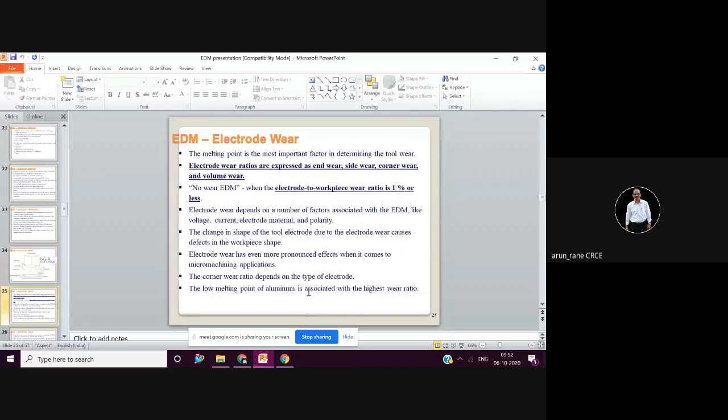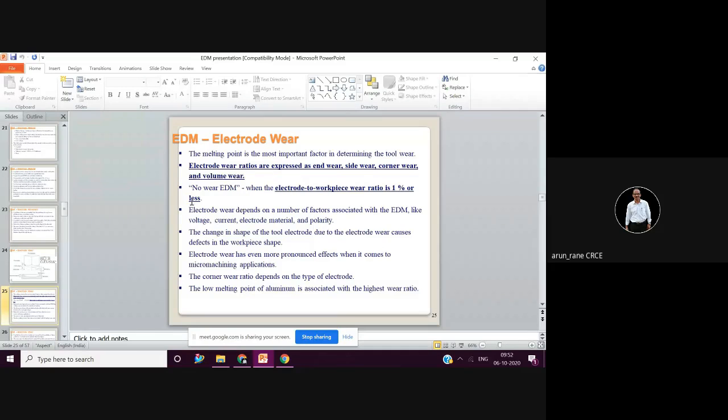As I said, electrode wear is expressed as end wear, side wear, corner wear, and volume wear. Generally we express it in volume wear, so we understand how much is the electrode wear, and accordingly an engineer takes the decision.